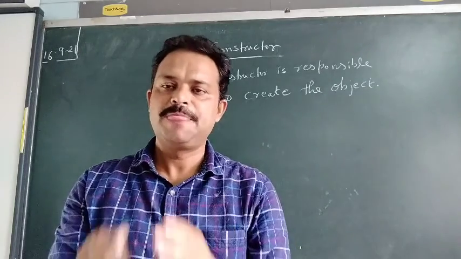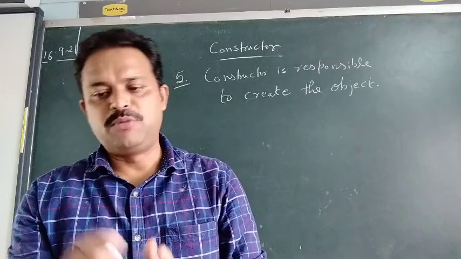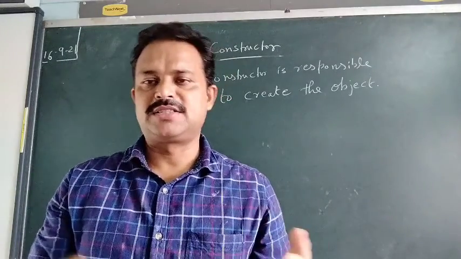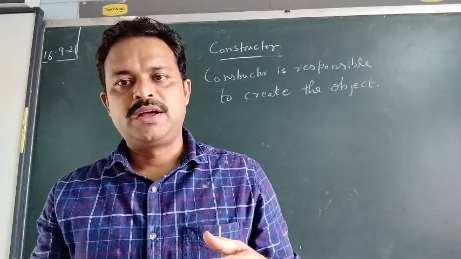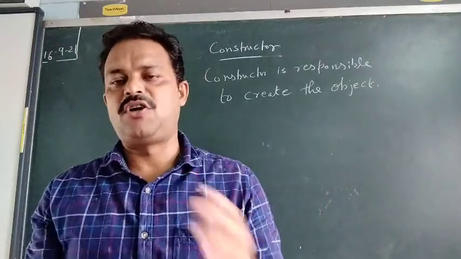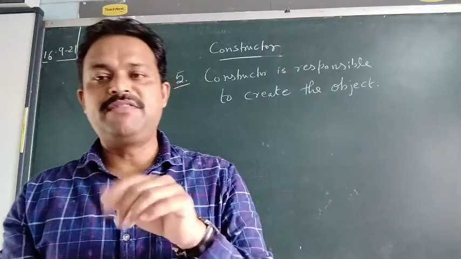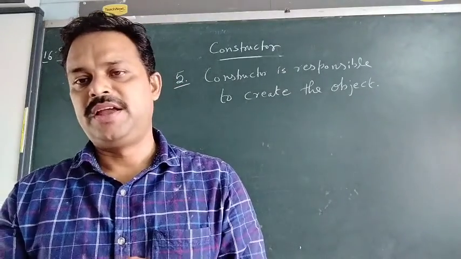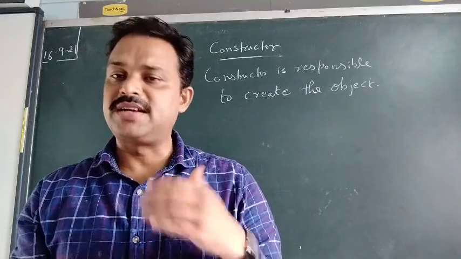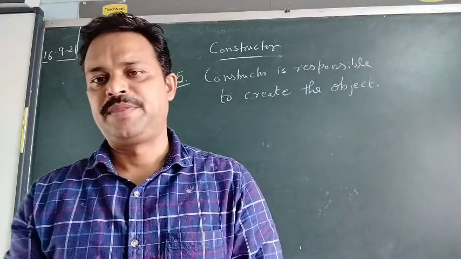Both are responsible to each other. Means when the object gets created, the constructor gets invoked, and when the constructor gets invoked, the object gets created. That is why we have given the name constructor also. It constructs something. Actually, it constructs the object only.